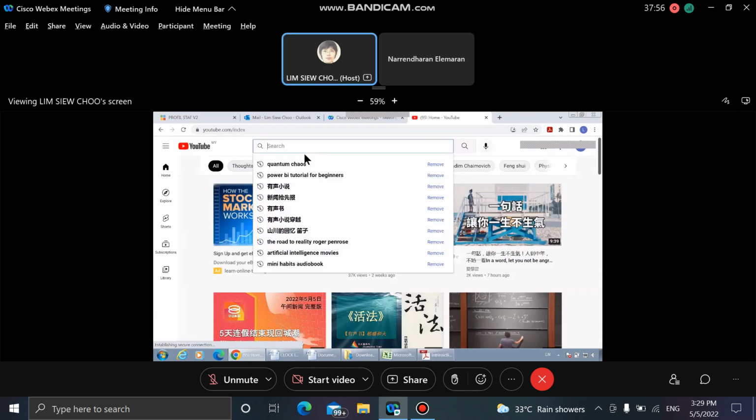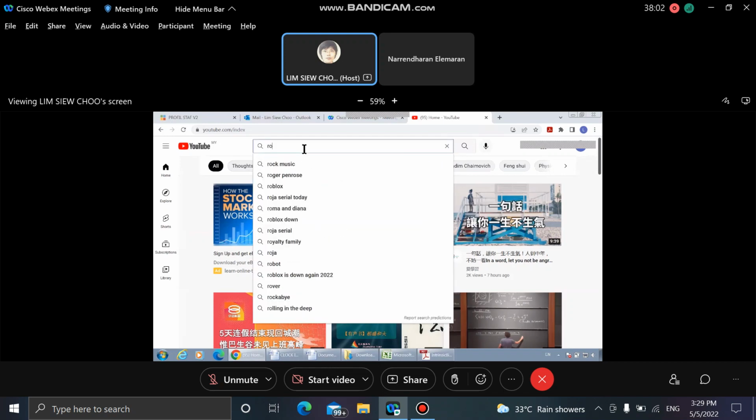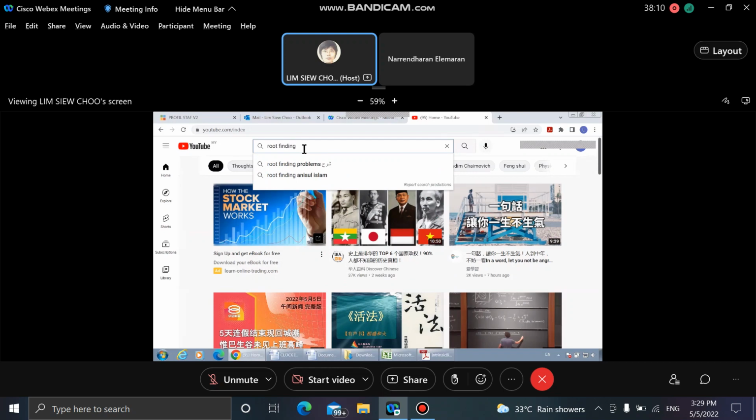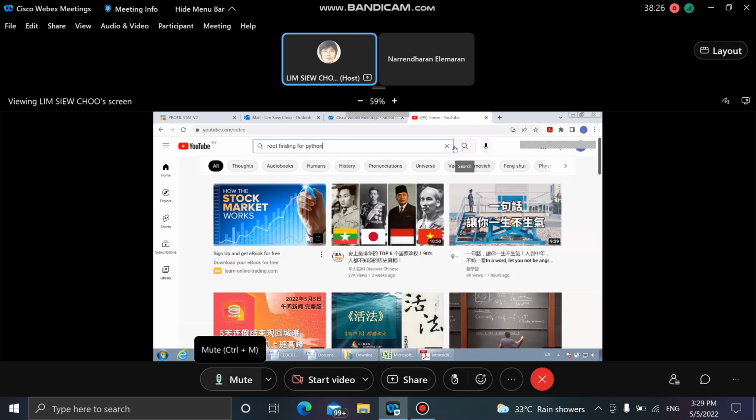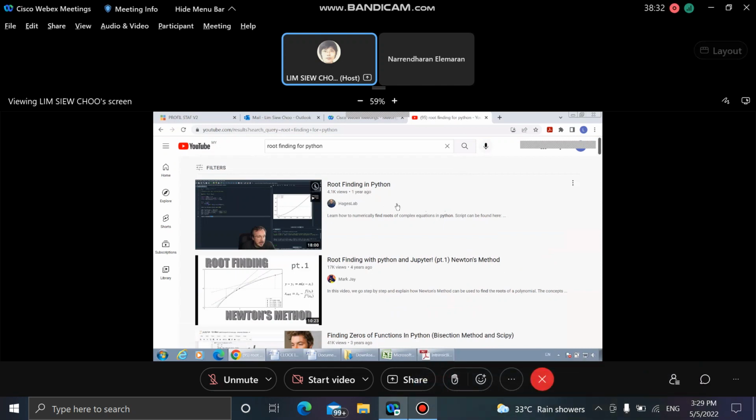Okay, we go to root finding for Python. You want to switch to Python or still stick to Mathematica? Finding root in Python. Okay, you can see my screen.